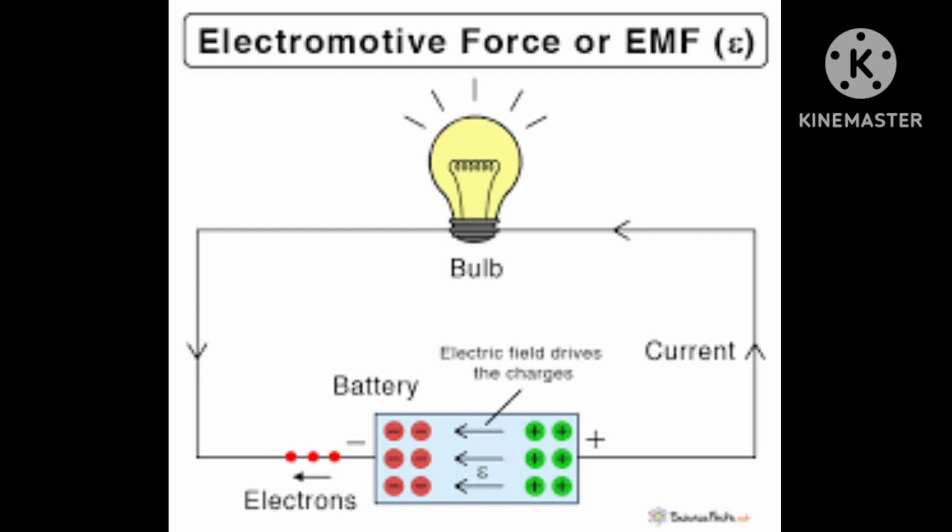Now it becomes a cell. Both are called half cells. Anode and cathode: Zn and Zn-SO4, this is a half cell. Copper in copper sulfate, this is also called a half cell. Now these two half cells you have joined, then it becomes a full cell.